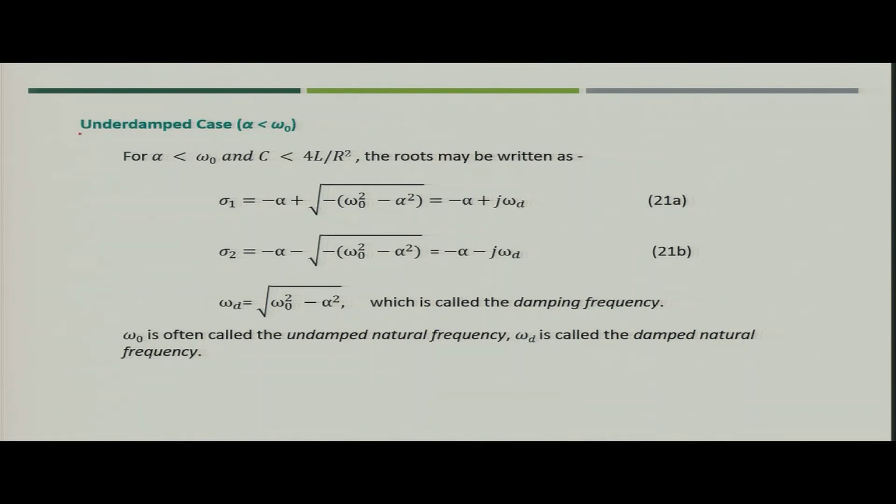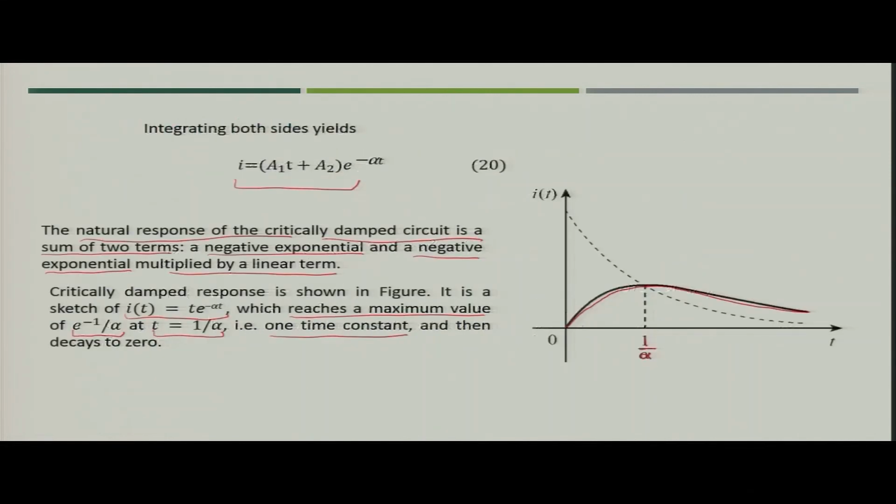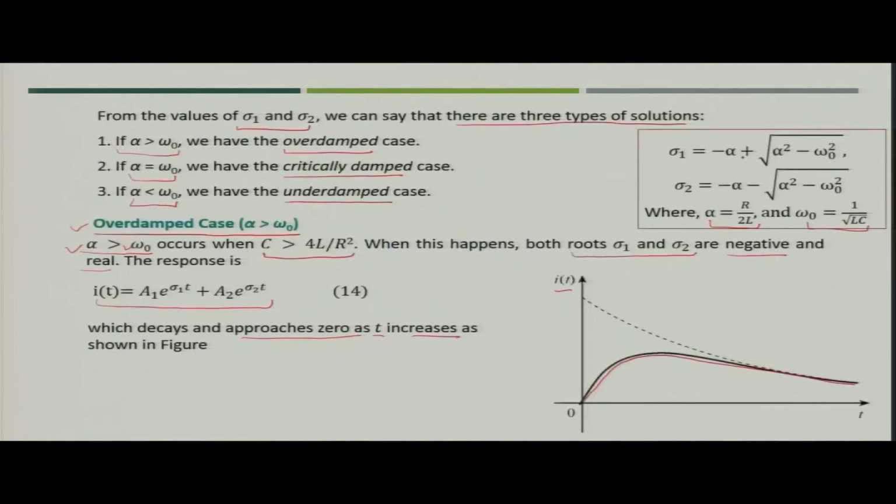Now, the third scenario is when alpha is less than omega naught. So, alpha less than omega naught means C is less than 4L by R square. The roots which you have seen, sigma 1 and sigma 2, are minus alpha plus or minus root of alpha square minus omega naught square.